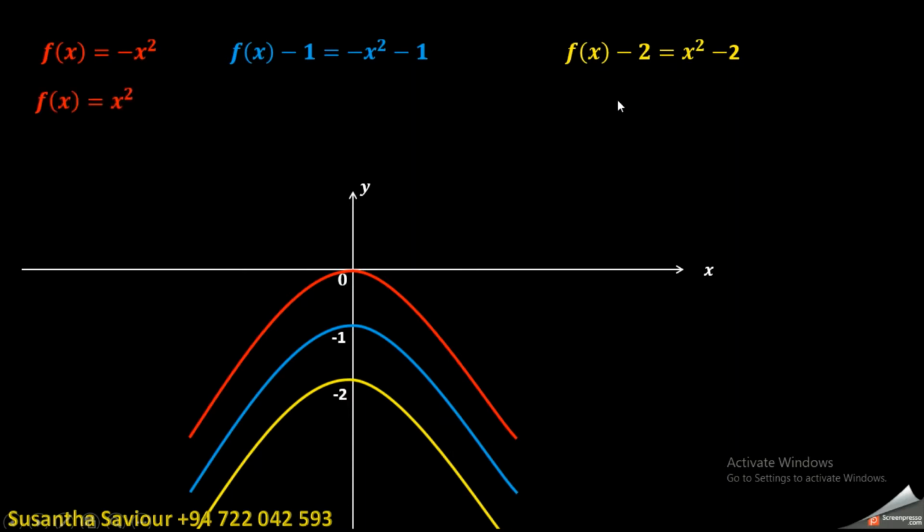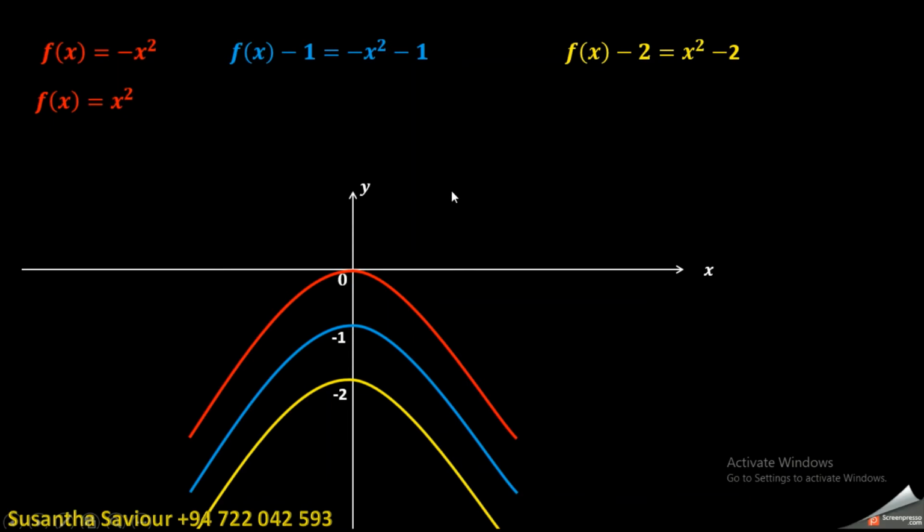Look at this one. If our function is f(x) equals x squared, this is the opposite side of the previous one. The previous one was a maximum curve, and this one will be a minimum curve, the smiley face and the angry face.